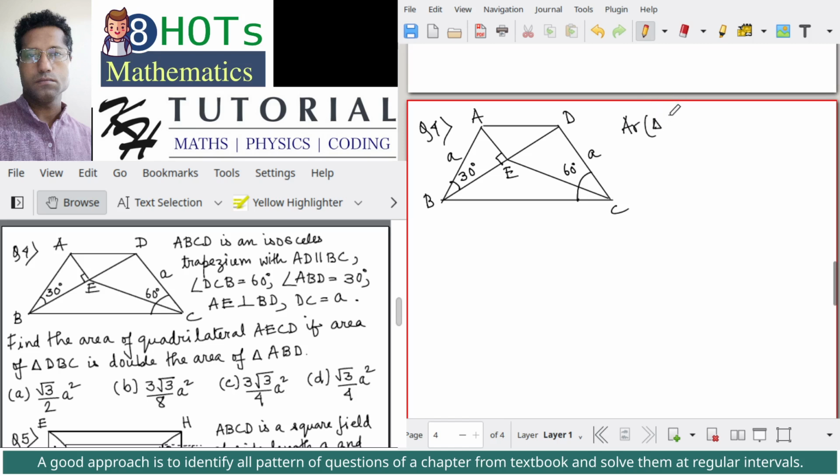Given that the area of triangle DBC is double the area of triangle ABD, then find the area of quadrilateral AECD.